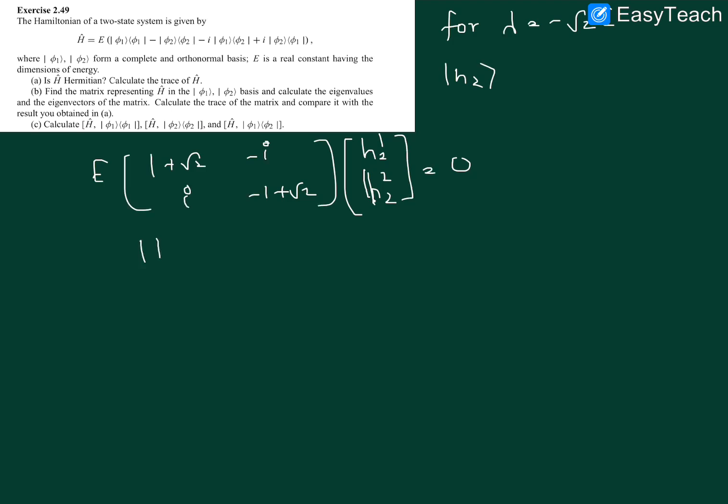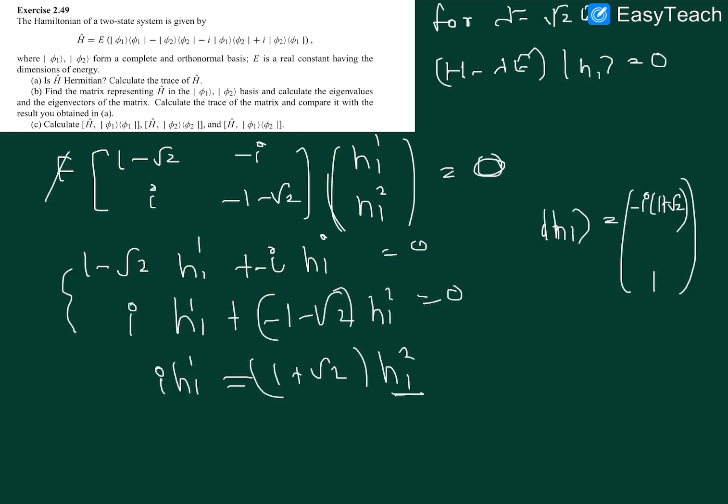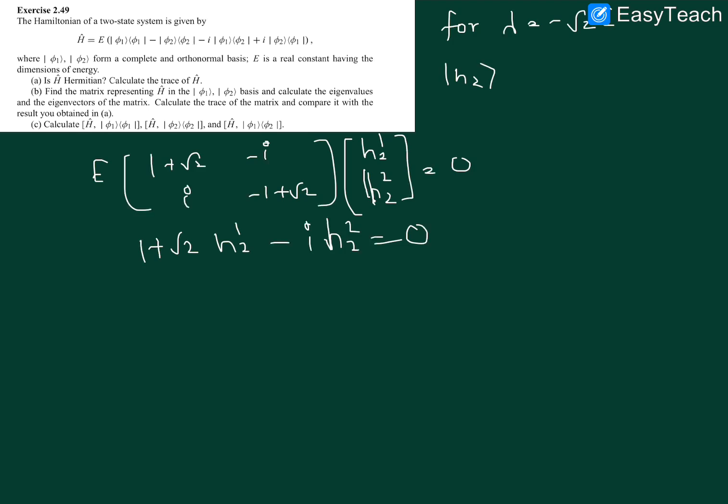Now (1 plus root 2) h21 minus i h22 equals 0, and i h21 minus (1 plus root 2) h22 equals 0.